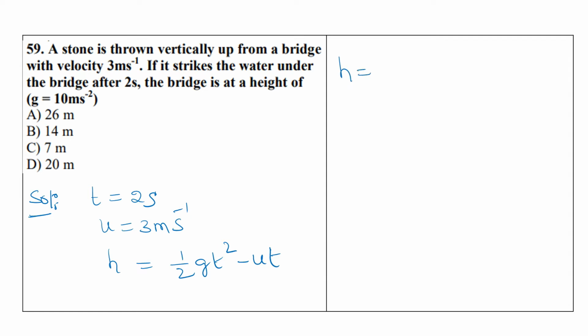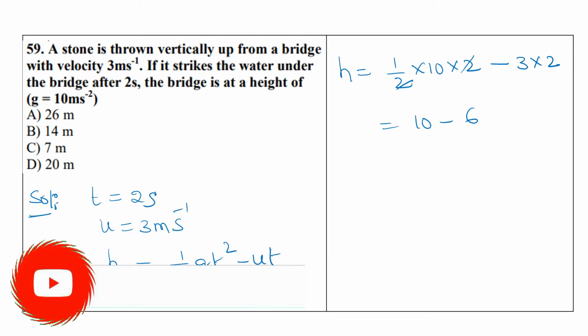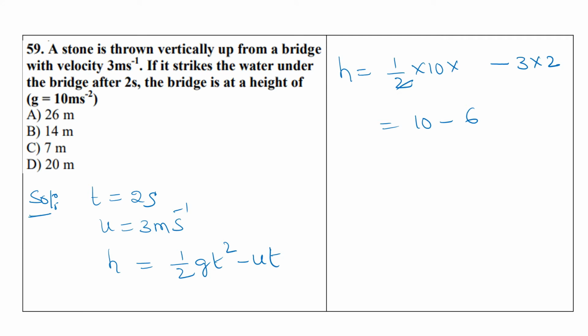Substituting values, half into g, that is 10, t is 2, minus u into t, 3 into 2. The 2 cancels. 10 minus 6.